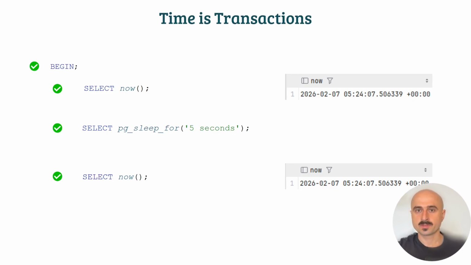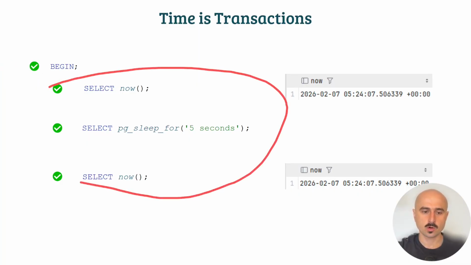Even though they are obviously multiple SQL statements, and even though they execute at different points in time, one of the goals of a transaction is to take such statements and make them look like a single thing. So sort of to glue all those statements together. And as we know, a single thing in real life happens at a single time, right? So you cannot have one event that happens multiple times, right? One event happens at one time.